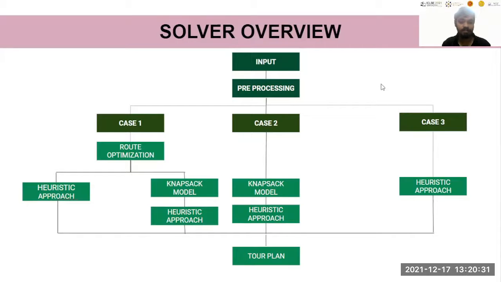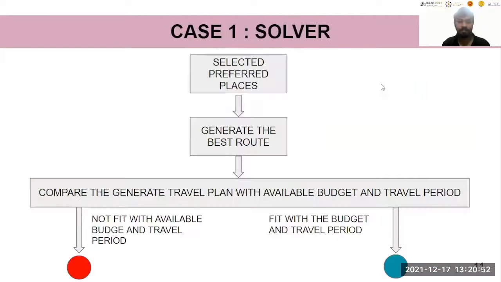In that case, we use route optimization first, then a heuristic approach and knapsack model, and after that we use the heuristic approach again to prepare the tour plan. In case 2, we use the knapsack model together with the heuristic approach, and in case 3, we use only the heuristic approach.